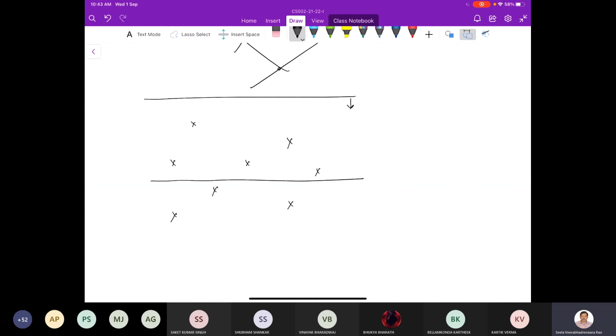If you want to use the sweep line algorithm in a similar fashion, we should compute the entire Voronoi diagram up to here.